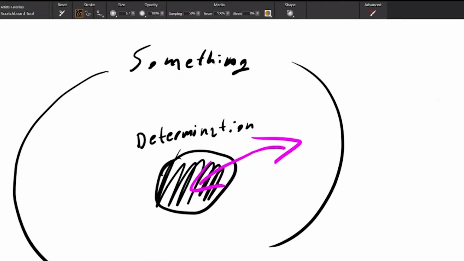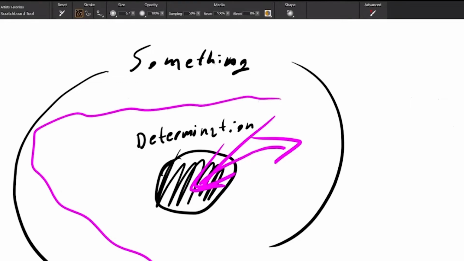Insofar as we have that relationship, it's a negative relationship. What is in is not what is out here.